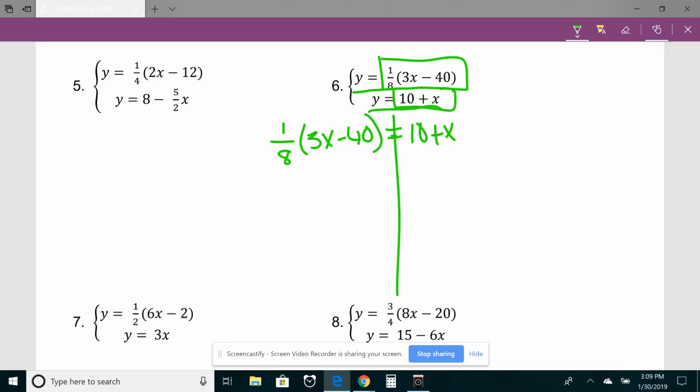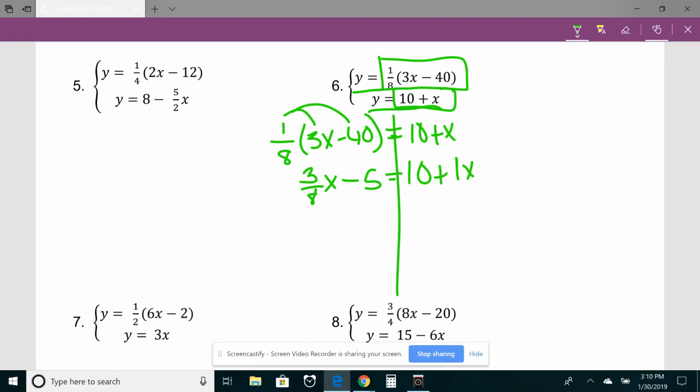Okay, going to distribute. 1/8 times 3x is 3/8 x. 1/8 times 40 is negative 5. And I'm going to put the plus 1x.